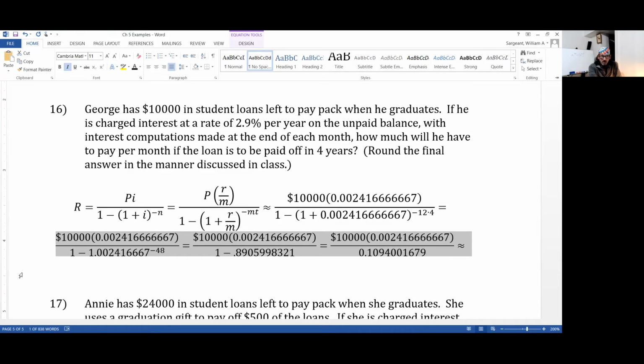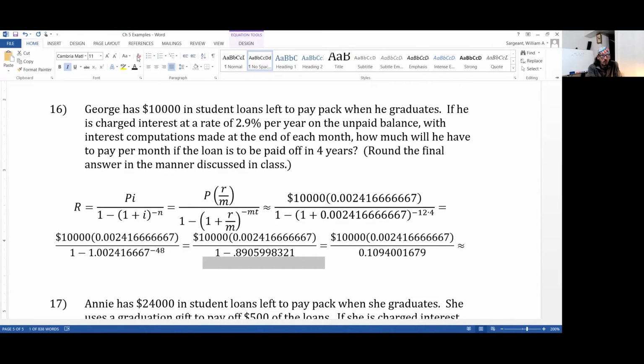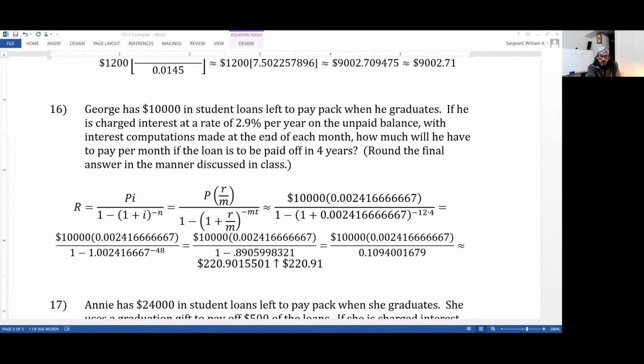Notice that I have not bothered to multiply by 10,000 in the numerator yet. Well, then when we divide the 0.0024 something by 1.094 something, you're going to get something that's actually, hold on here. Let me do that the other direction. Give me a moment.